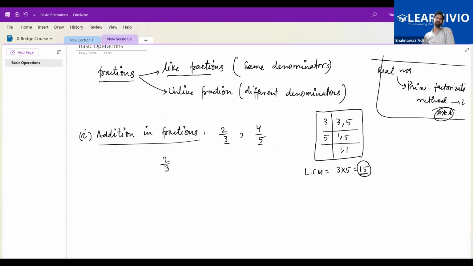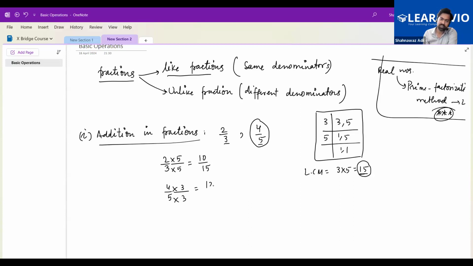Multiply both the numerator and denominator by 5. Absolutely correct. So we multiply by 5 and divide by 5, right? If we are doing the same operation, then the number doesn't change. So 2 by 3 becomes 10 by 15. And this is 4 by 5, and we have to multiply by 3 and divide by 3.